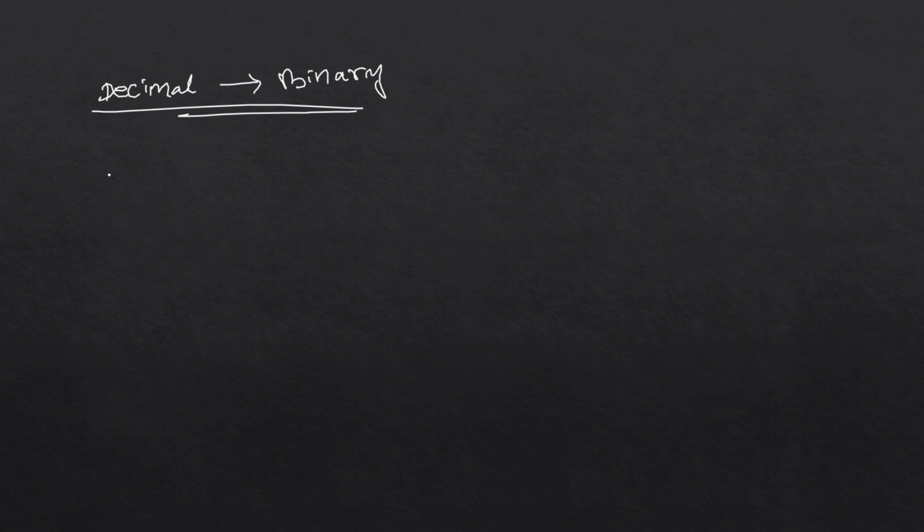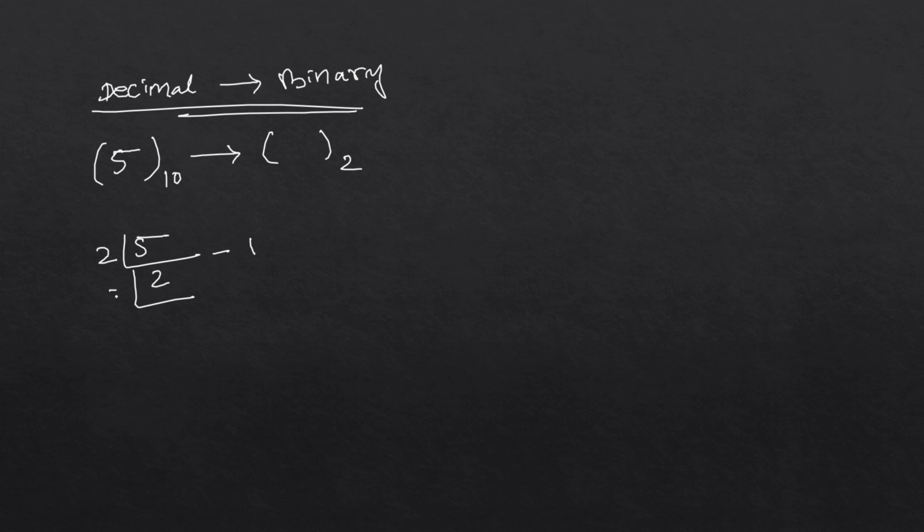Let's take the number 5. How can I convert 5 to binary? 5 is in decimal form, and I need to convert it to binary form. Binary form means base is 2. So for that, just divide 5 by 2 and take the remainder. 2 2s are 4, and the remainder is 1. 2 1s are 2, and the remainder is 0.